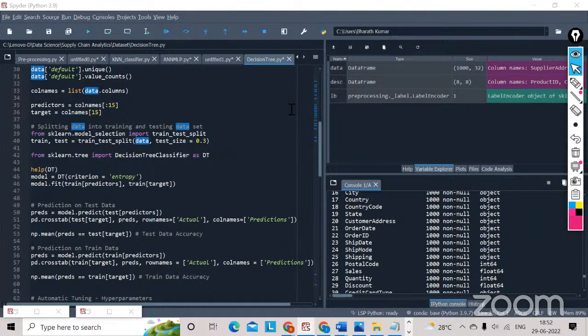And then auto tuning, which is your hyperparameter tuning. With the help of grid search, I'm doing this. I'm saying grid_search, I want to fit this model.